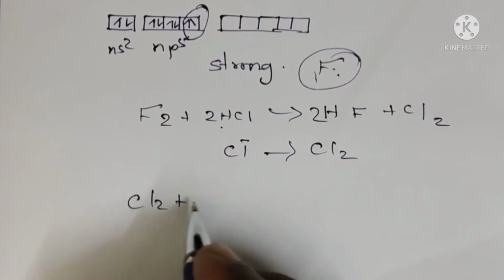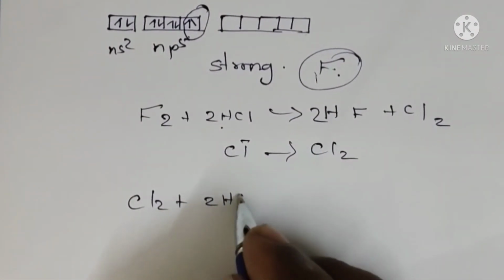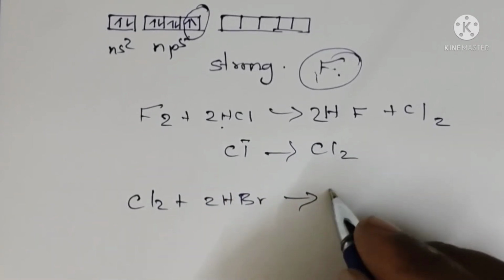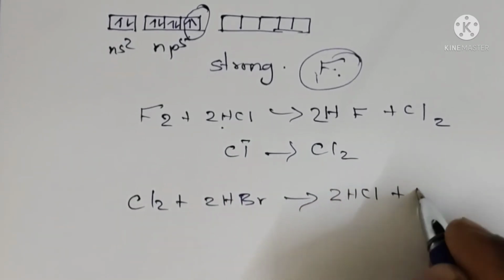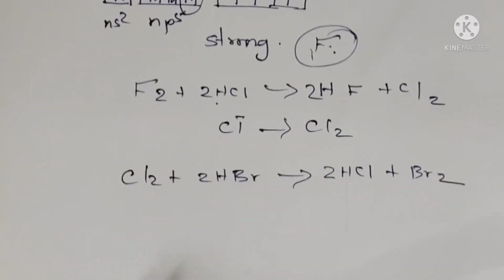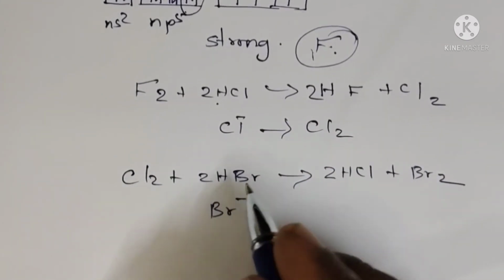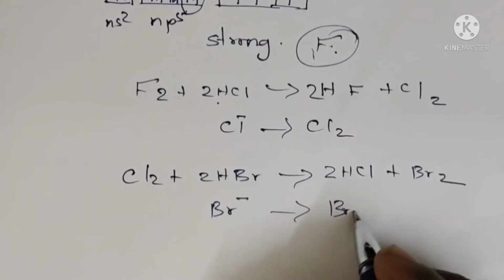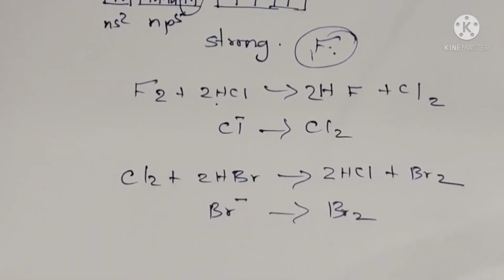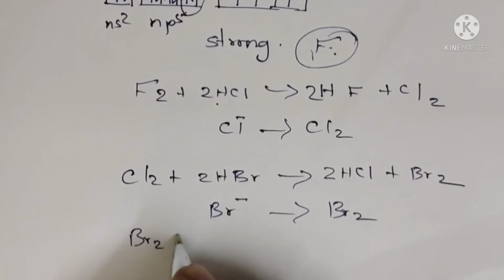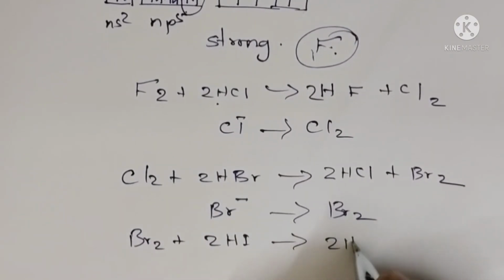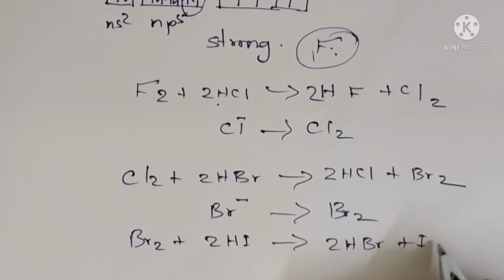Similarly, if chlorine reacts with hydrogen bromide, we are getting 2 HCl plus Br2. In this reaction, Br minus ion in HBr gets oxidized to Br2. Similarly, bromine reacts with 2HI, we are getting 2HBr plus I2.